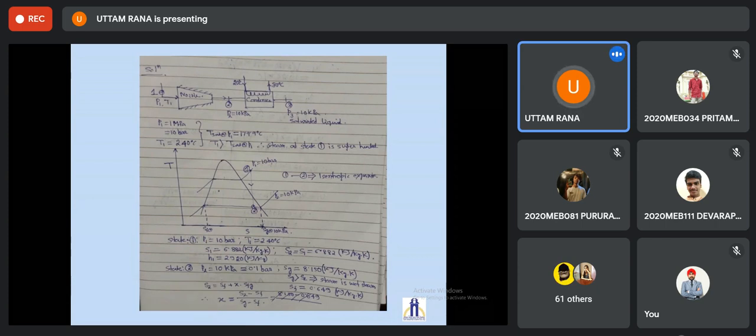Everybody understood? Yes, sir. Okay, so in the first part, there is a nozzle. The state at the inlet to the nozzle is given, and the state at the exit is given. You have to find the velocity at state 2, the exit velocity, and the area A2 if the mass flow rate of the steam is 1 kg per second.